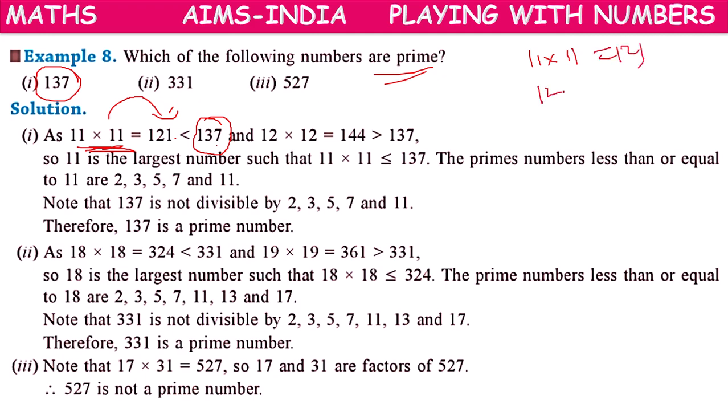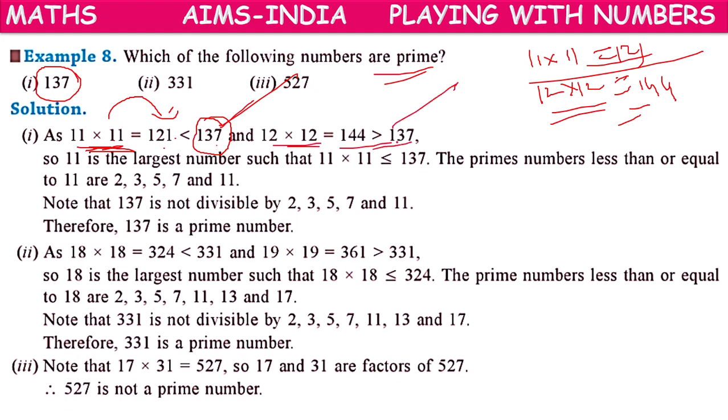Next, we can write 12 into 12, 144. This 12 into 12, 144 is more than 137, so that's why we take the lesser value. 11 into 11, 121 is less than 137, and 12 into 12, 144 is greater than 137.